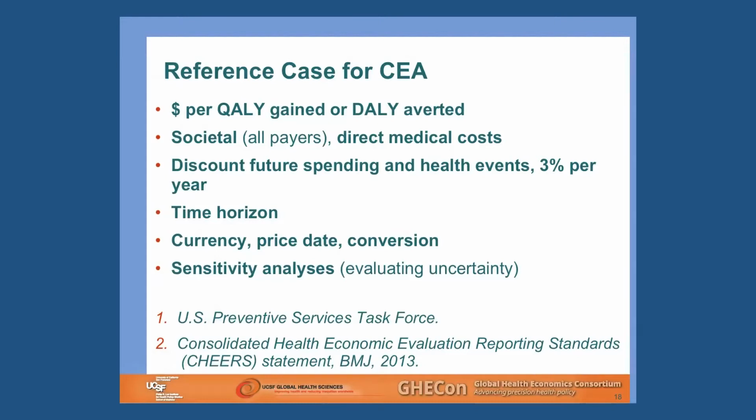The U.S. Preventive Services Task Force also has a book that discusses reference cases for cost effectiveness analyses. So, among the features of a reference case would be clearly defined outcome measures, such as a cost per QALY gained or DALY averted. Societal perspective is recommended.